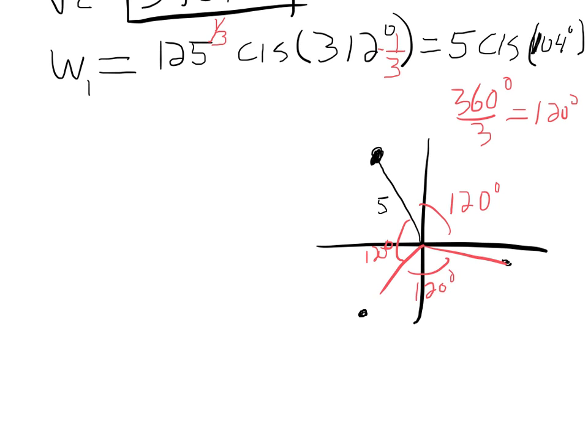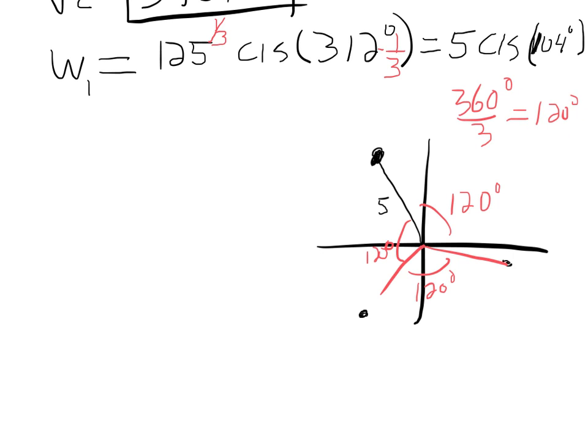Fourth roots, all the roots are equally spaced from each other. So if you have fourth roots, there'll be four numbers and they're all equally spaced. So once we know that they're equally spaced and we're looking for cube roots, we can just take our 360 degrees, the full circle, and divide by 3 and find out the spacing, 120 degrees.